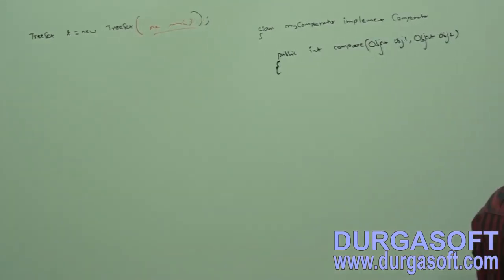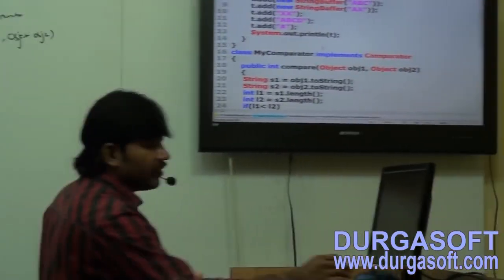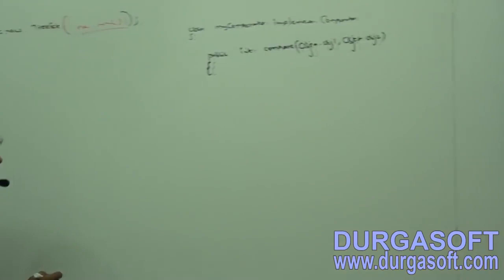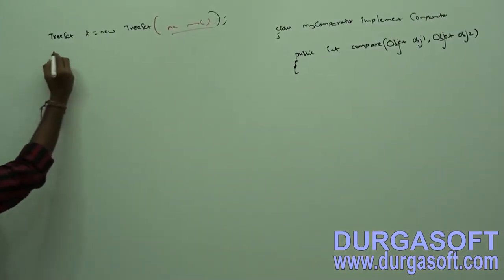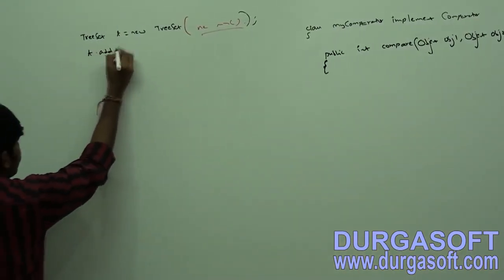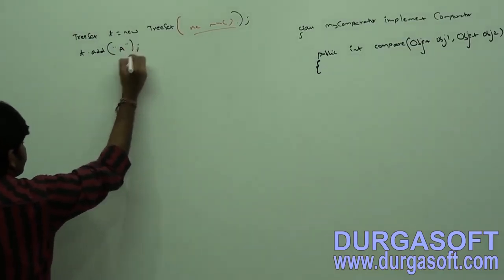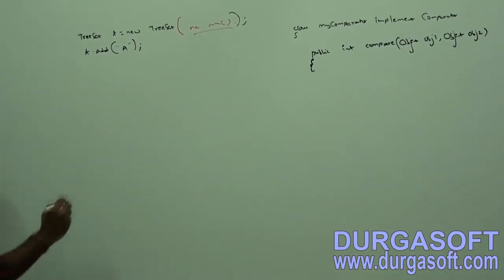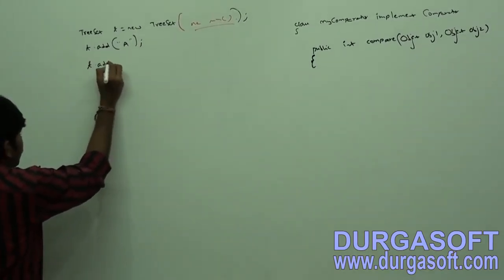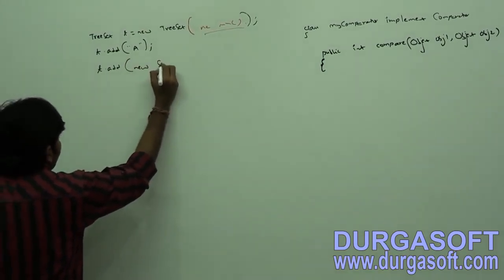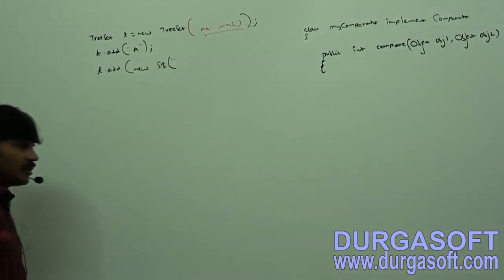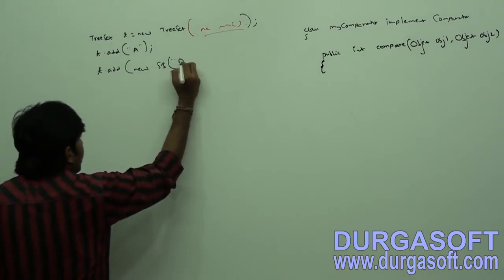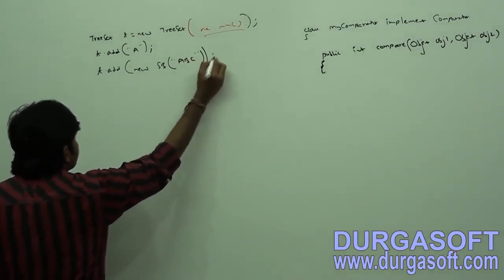Here see, one minute. Now can you spell out which objects we are adding? t.add of a string object, t.add("A"). What is the next one? t.add of new StringBuffer("ABC") we are adding.